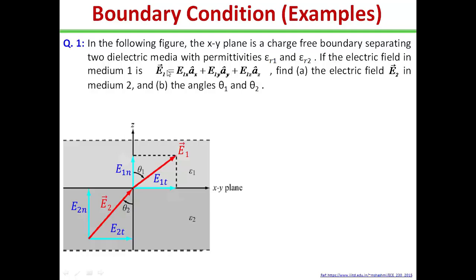If the electric field in medium 1 is E1 = E1x ax + E1y ay + E1z az, find the electric field E2 in medium 2 and the angles theta 1 and theta 2. Basically, theta 1 and theta 2 are the reflection and incident angles of the fields in medium 1 and medium 2 respectively.